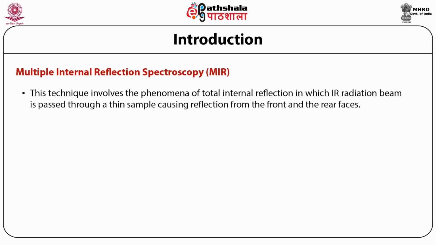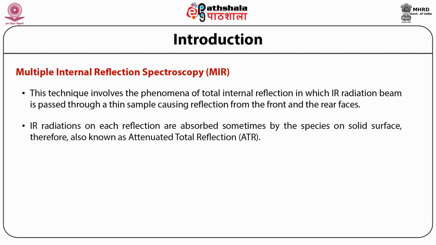This technique involves the phenomenon of total internal reflection, in which an IR radiation beam is passed through a thin sample, causing reflection from the front and the rear faces. IR radiation on each reflection is absorbed sometimes by the species on the solid surface, therefore it is also known as attenuated total reflectance, ATR.